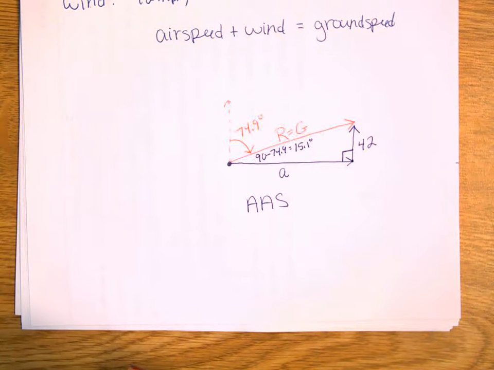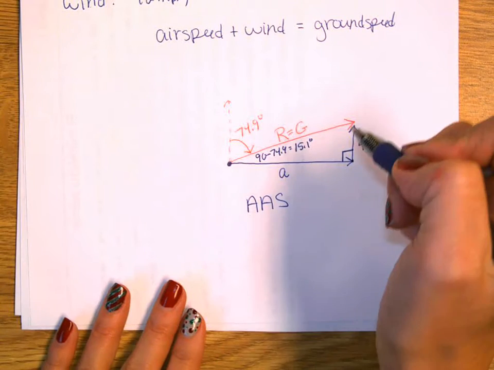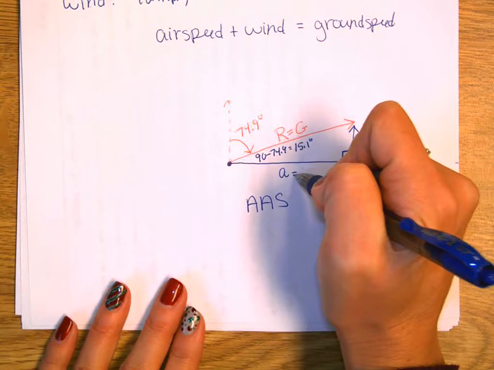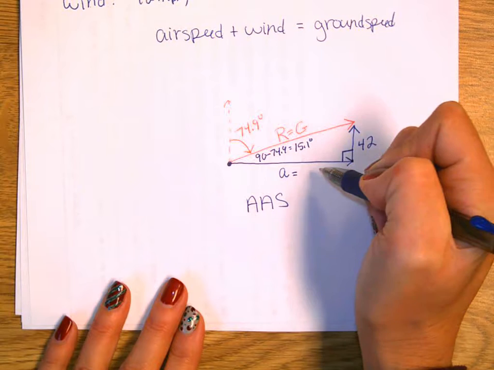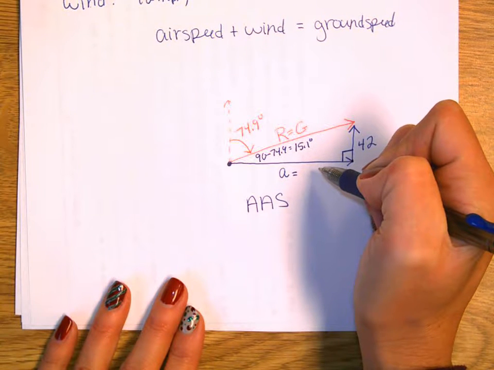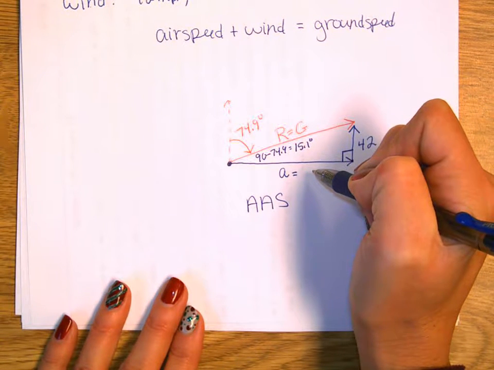What? I do not know that. All right, what did you guys get for airspeed? 161.2. So that's ground speed. Oh, no, it isn't. The ground speed should be the bigger one.